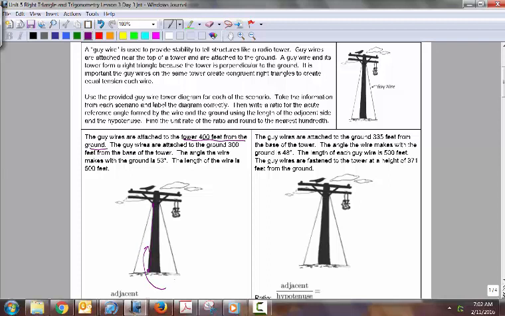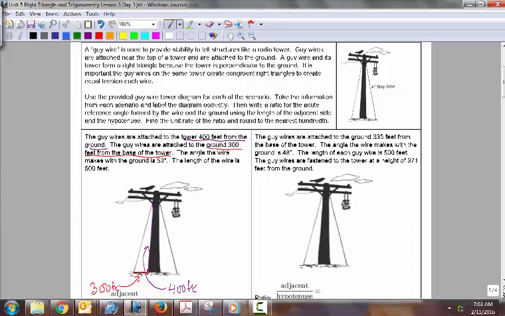That means this segment here is 400 feet, the vertical segment. Then it says also the guy wires are attached to the ground 300 feet from the base of the tower. So I'm on the ground and I'm going from the base of the tower. So this segment is worth 300 feet.